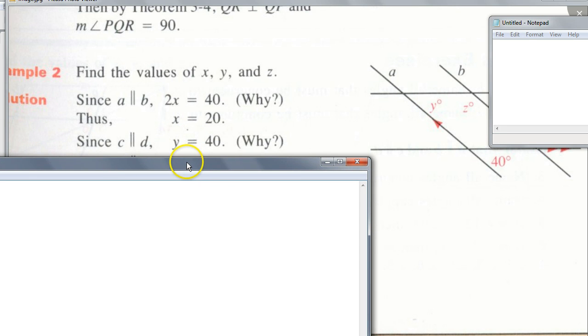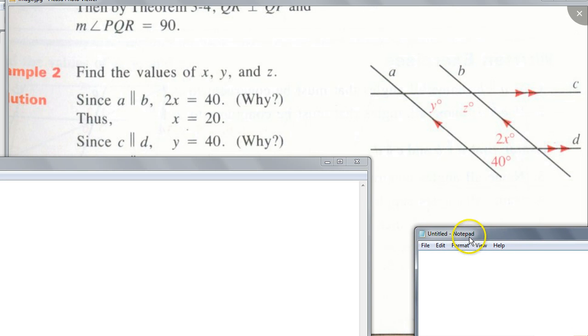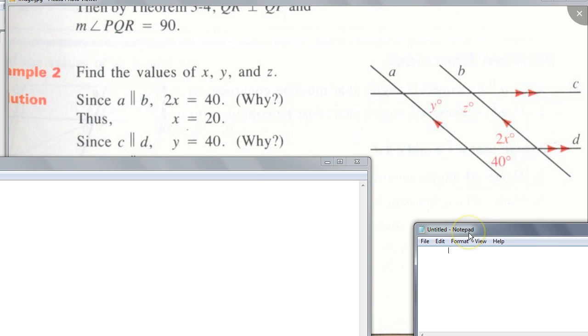Do you see what to do? Okay, then what about z? Which line can we hide to figure out the measurement of z? Since we know the measurement of y and x, how about, Irene? We could get rid of A to find the measurement of z. Which lines do we not need?